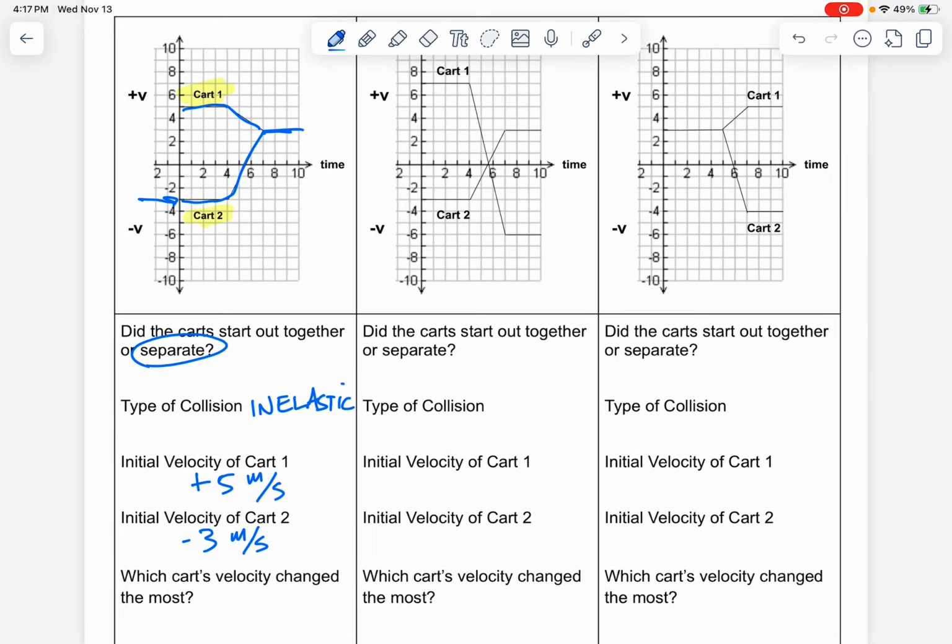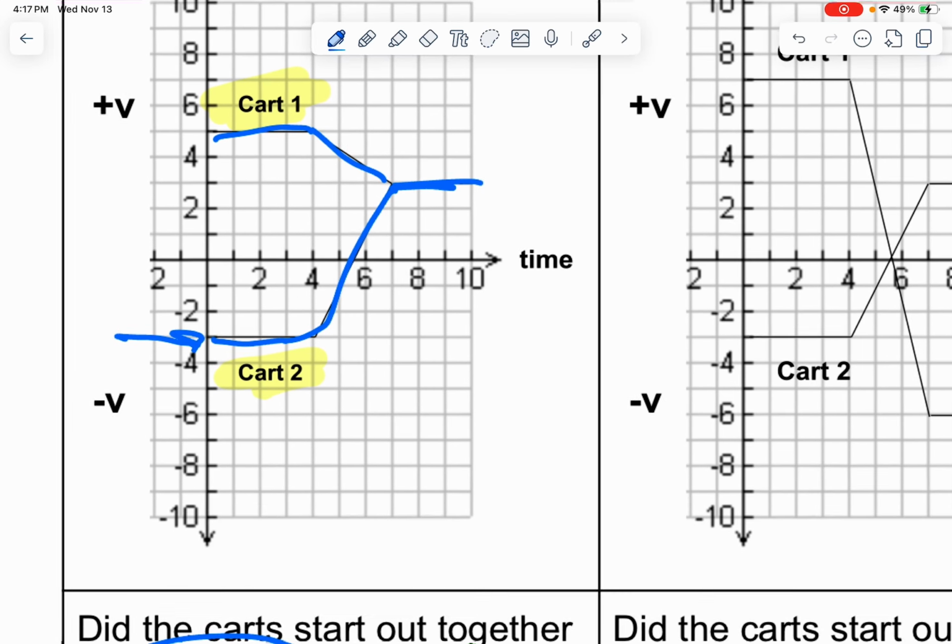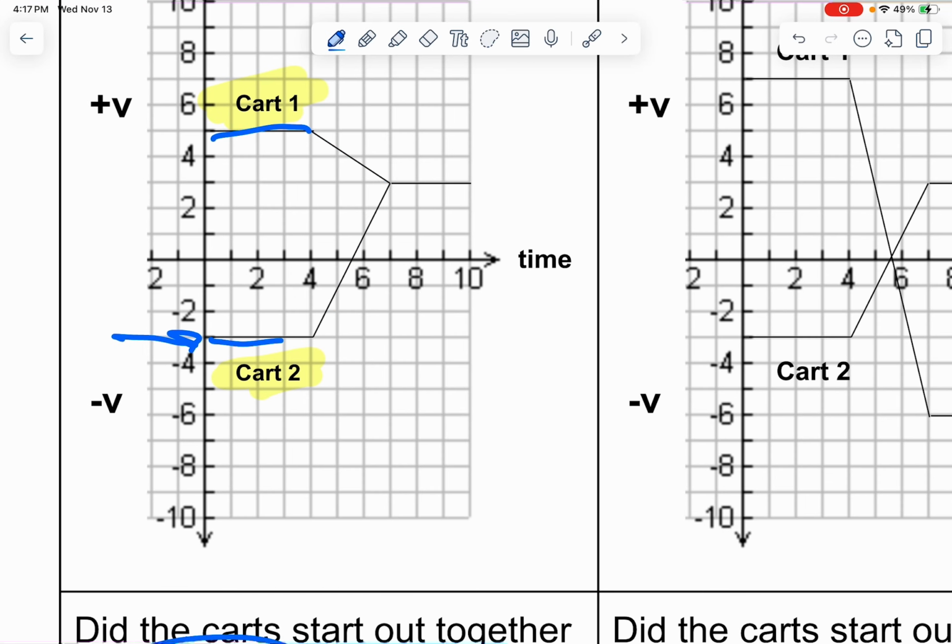All right. In terms of which cart's velocity changed the most, let's zoom in on our graph and see which one changed the most. And I'll get rid of my drawing in there. Maybe it's a little easier to see. All right, so in terms of which one changed the most, if this line is where they met, cart 1 only went down a small amount here.